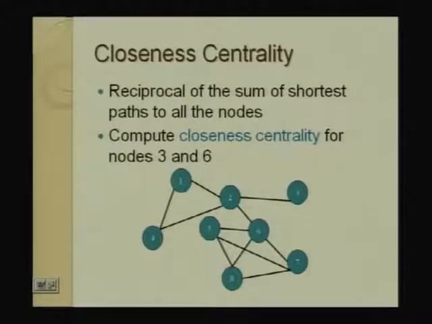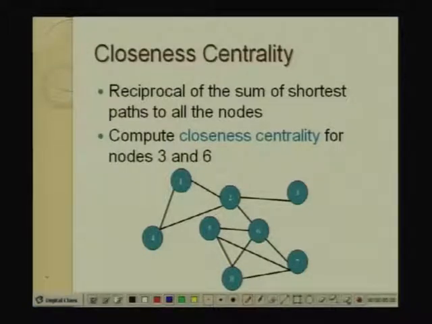It is again a very simple definition, and again you can compute the closeness centrality with a very simple computation. Let us try to compute the closeness centrality for, say, node 3. Tell me, the distance from 3 to 2 is 1, right?